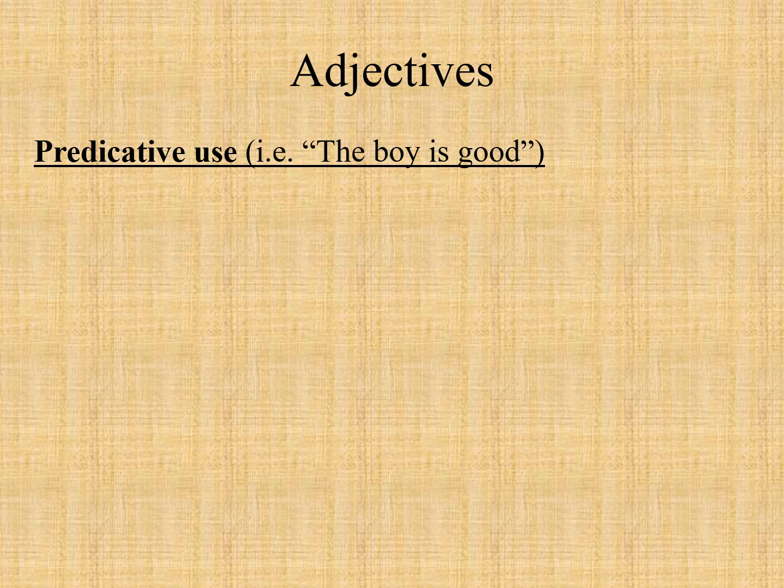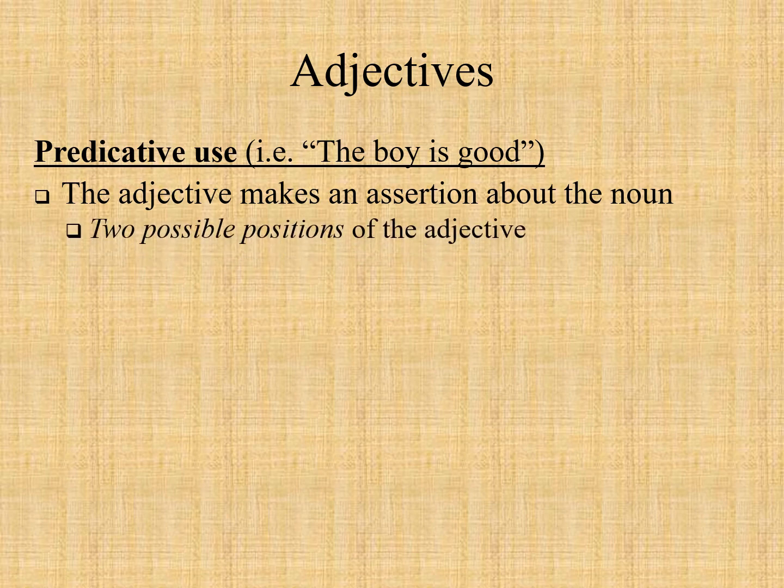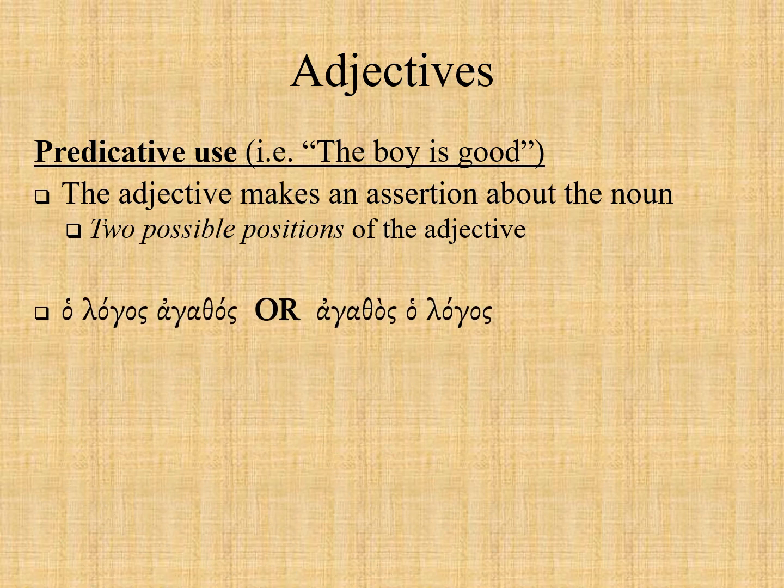Now we look at the predicative use of the adjective. Notice, the boy is good. The adjective makes an assertion about the noun or predicates a quality to the noun. So there are two possible positions of the adjective in relation to the noun. So here you can see the example, ho logos agathos, or agathos ho logos.